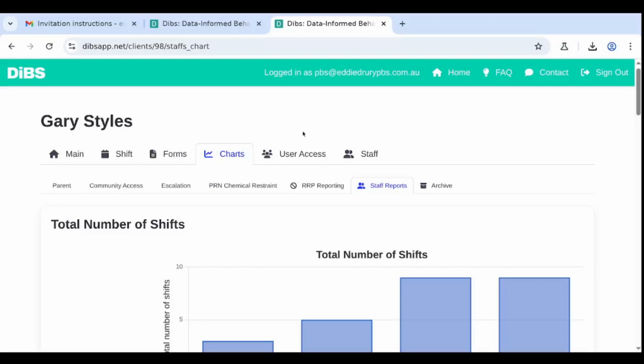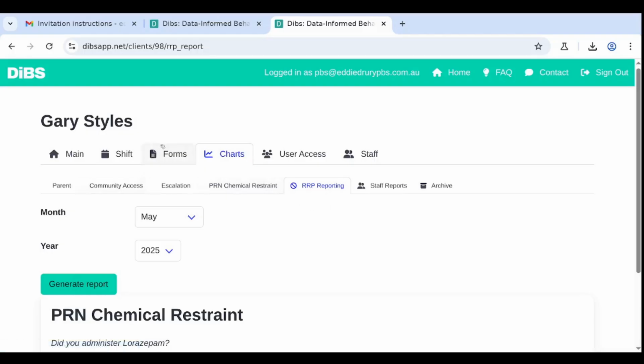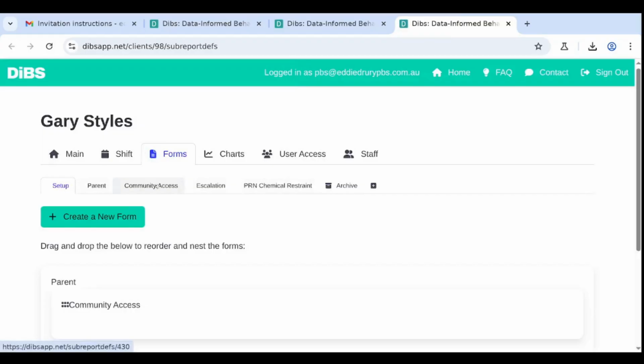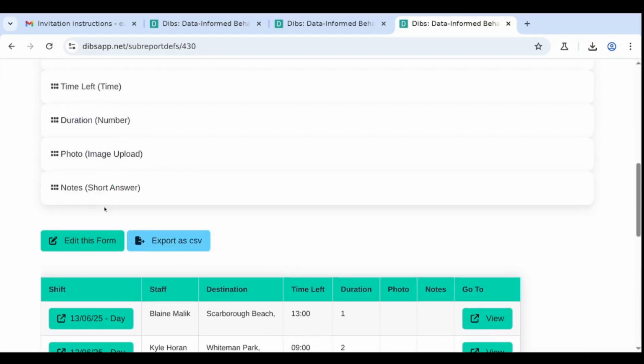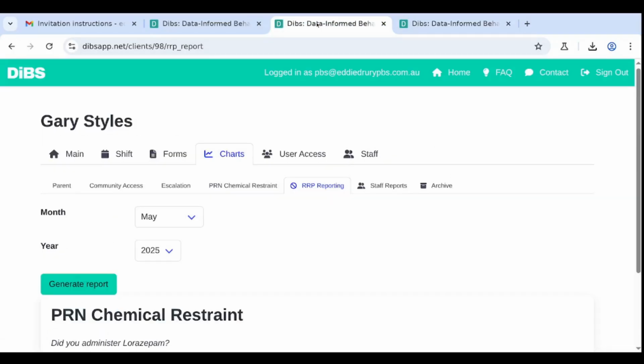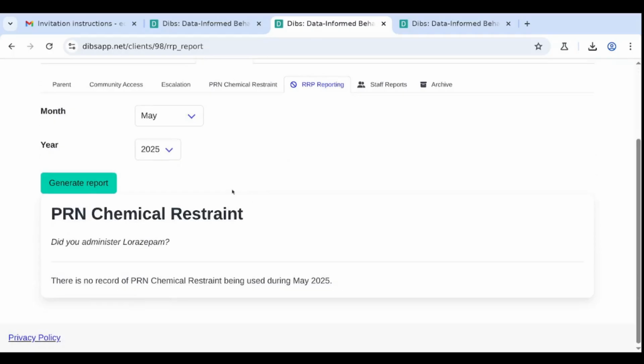And the final chart or report I want to show off is RRP reporting. When we set up the form before, you maybe remember that one of the questions that we asked ourselves was, is this a restrictive practice? If we have that checked, then that is going to appear in this report here.